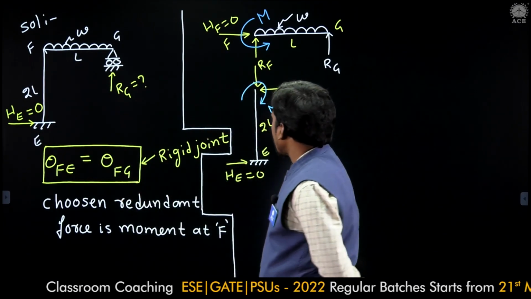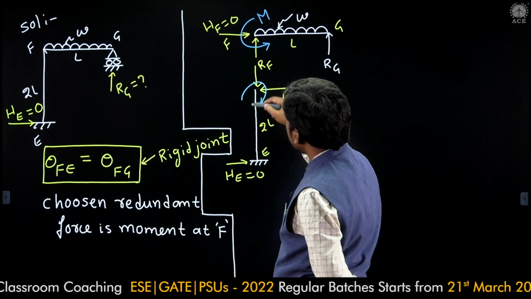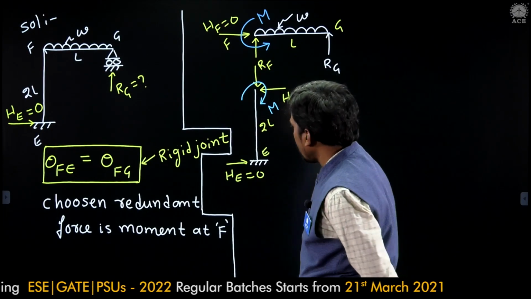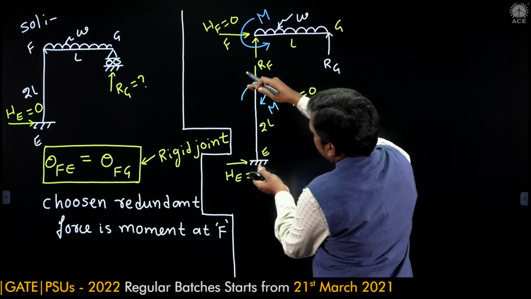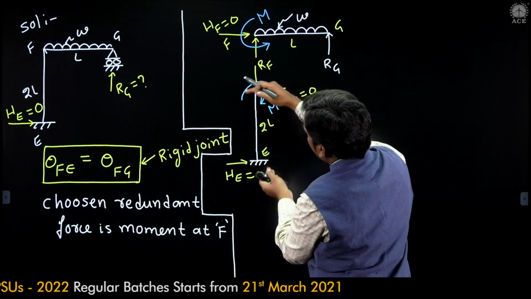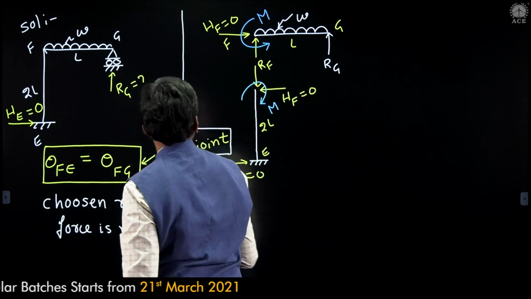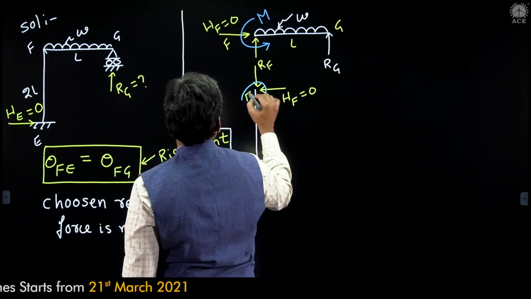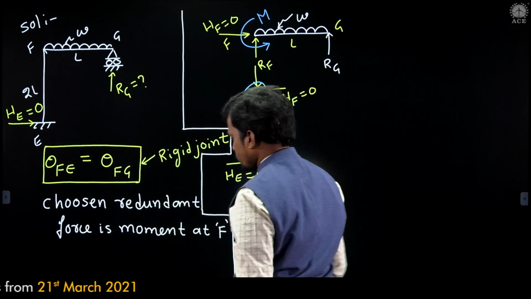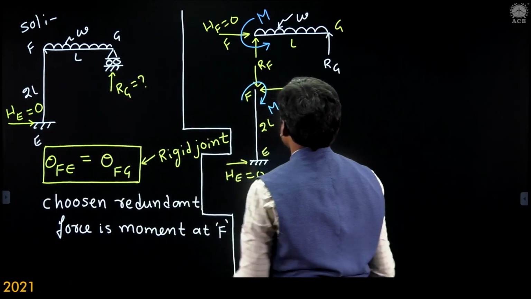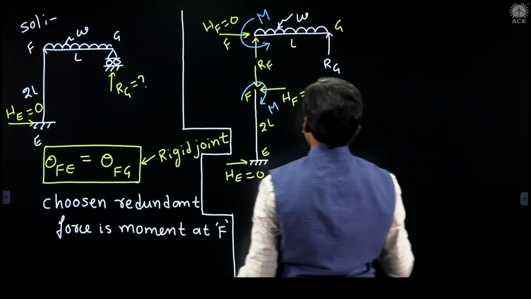Now we'll find the rotation in member FE. Now this is the member FE, right? Then I'll do one thing, just make it horizontal. Only member FE, make it horizontal. This is the member FE. I'll show this in horizontal direction.